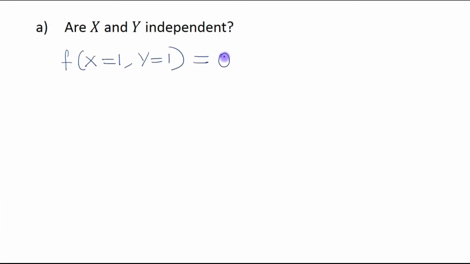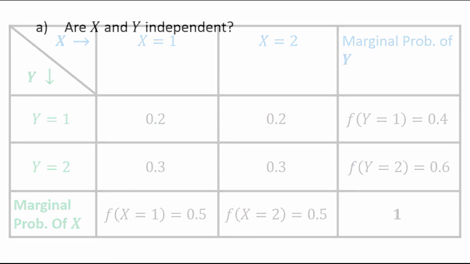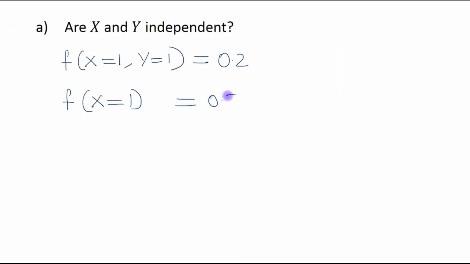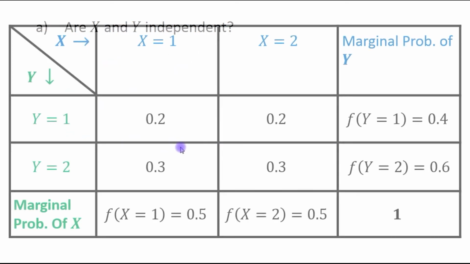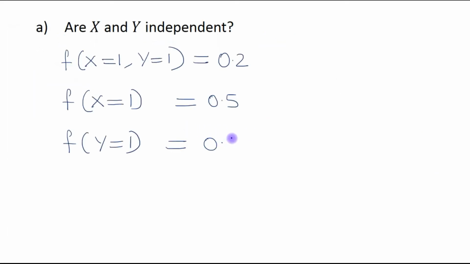So we will write 0.2. Then probability that x equals to 1 is 0.5. We will write 0.5. Now probability that y equals to 1 is 0.4. So we will write 0.4.